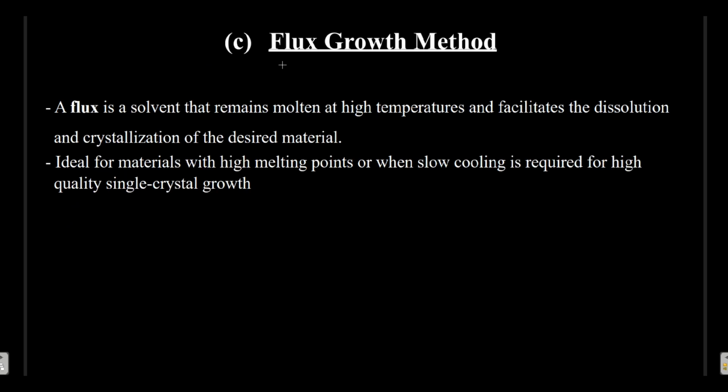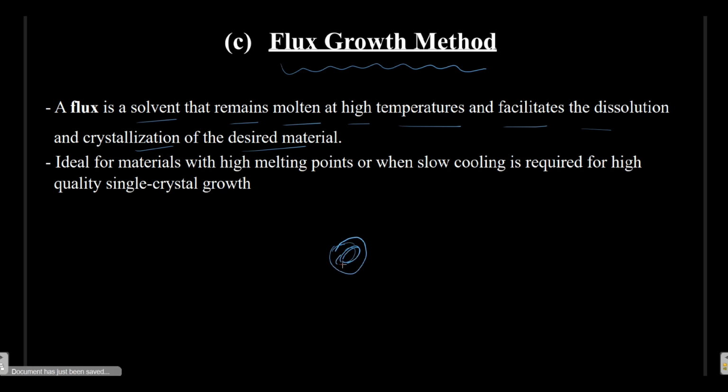Now, the third one, that is the flux growth method. A flux is a solvent that remains molten at high temperatures and facilitates the dissolution and crystallization of the desired material. If we take a solid and increase its temperature, and after a certain temperature it melts without breaking into different constituents, it just melts, then we call it a flux.